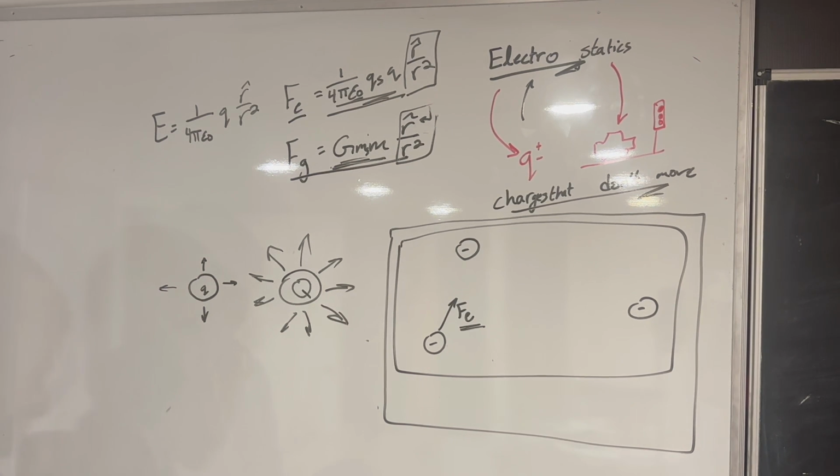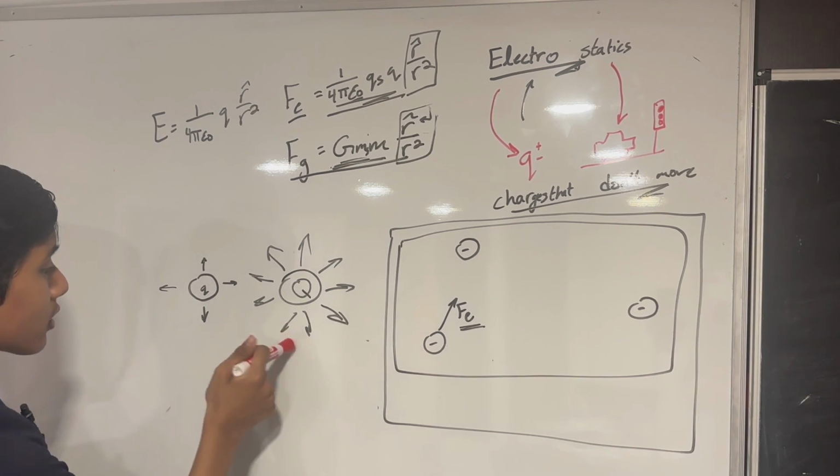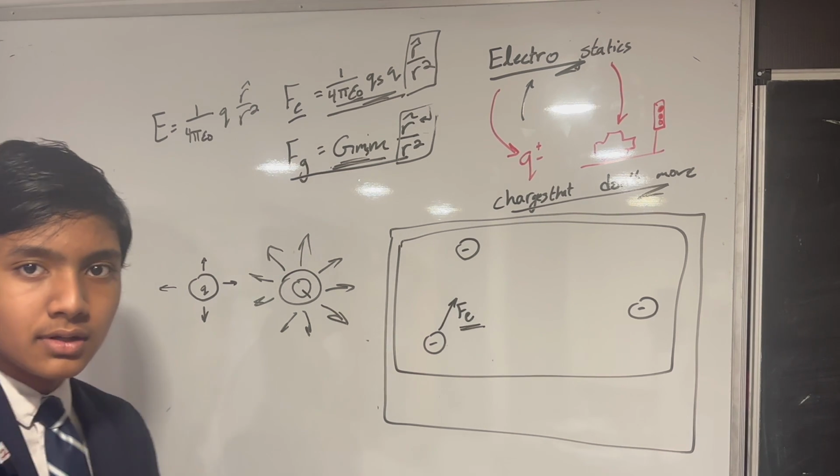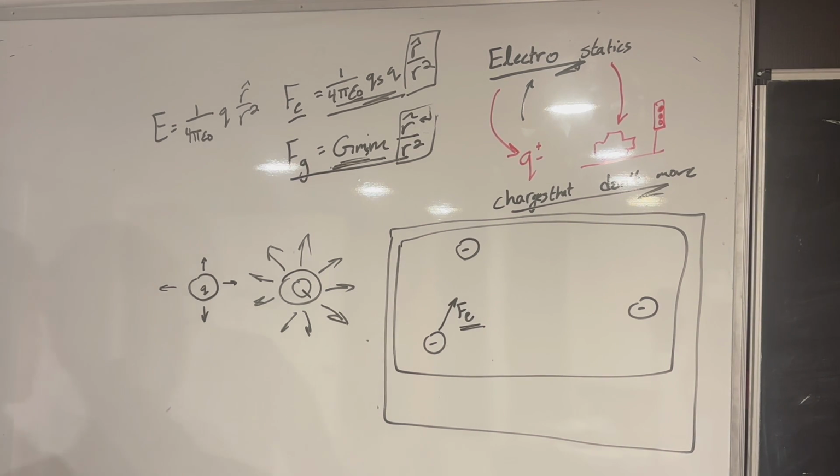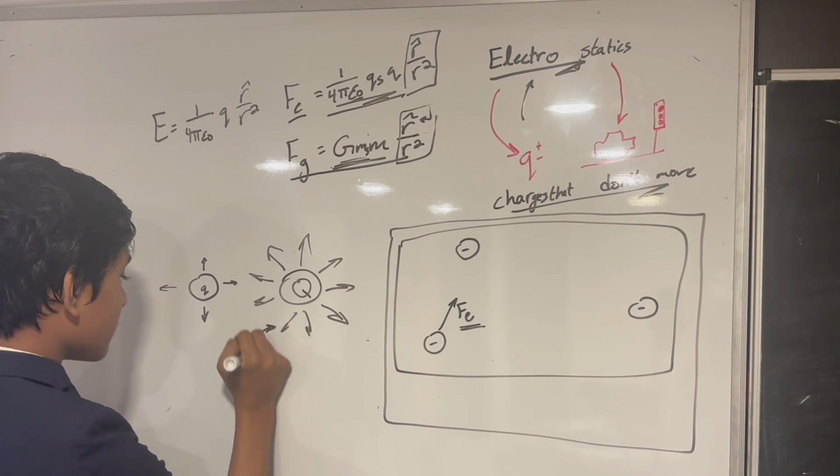Alright, so that's interesting. The first thing you probably want to know is, what are these lines for real? Well, these are what we call field lines.